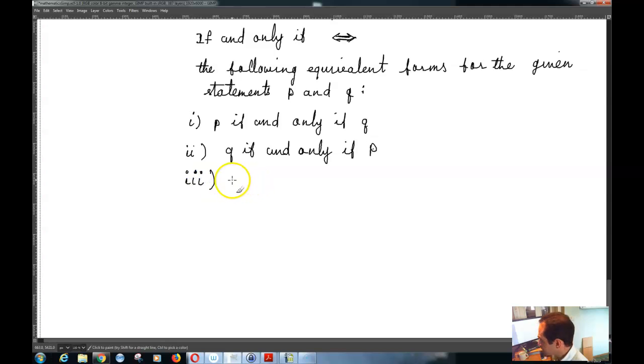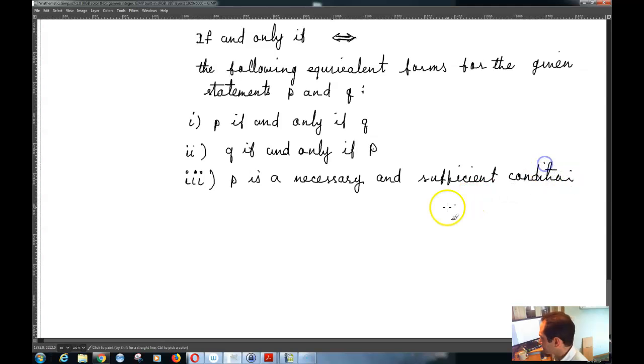So you can say that Q is a necessary and sufficient condition. P is a necessary and sufficient condition for Q and vice versa.